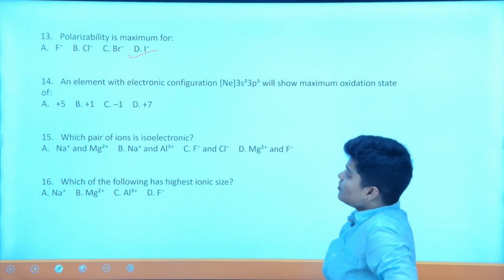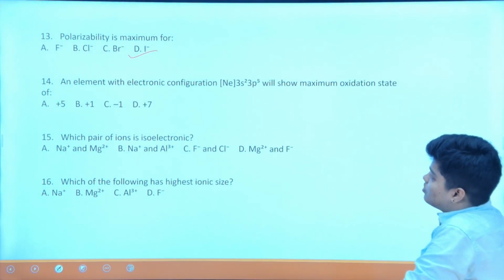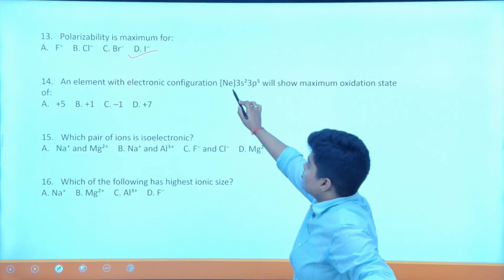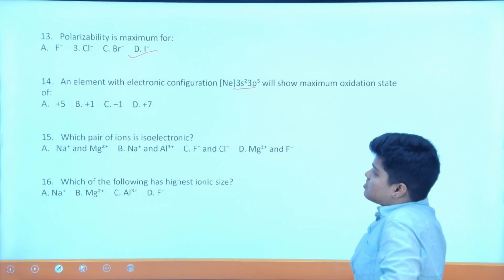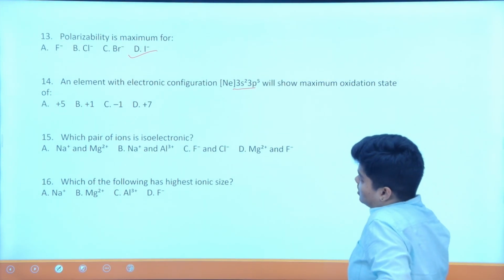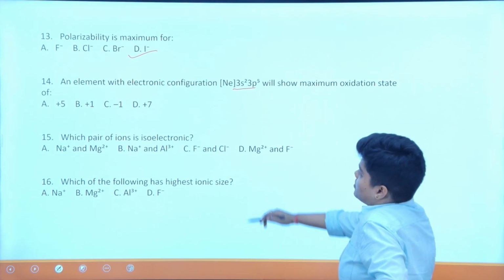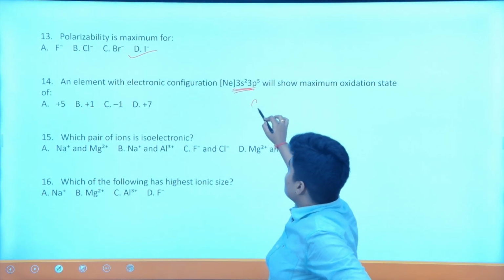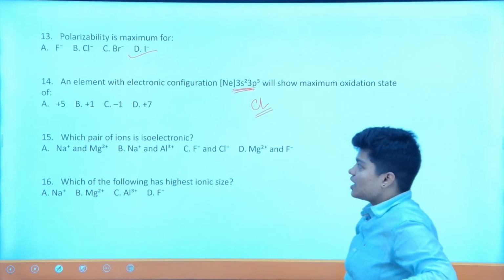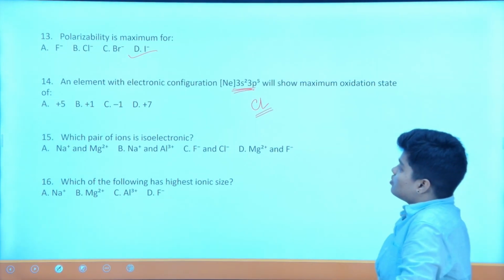Now, an element with electronic configuration neon 3s2 3p5 will show a maximum oxidation state of what? First of all, neon 3s2 3p5 means atomic number 17, the electronic configuration of the chlorine atom.